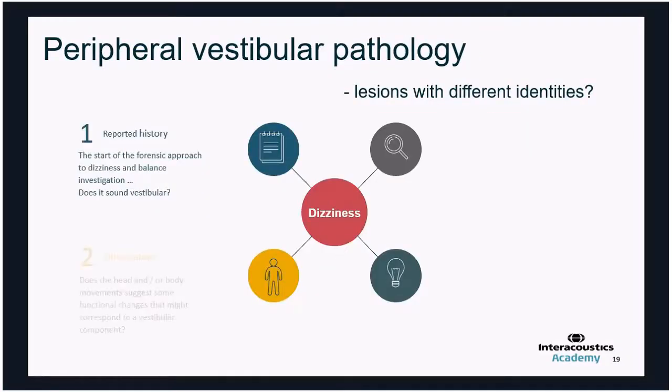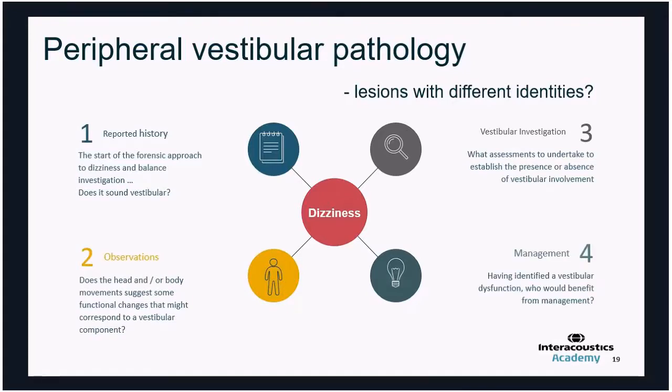So in terms of how we look at our patients, it's always worth having a think around how our patients report to us. Their primary complaint would be dizziness, and we'd spend some time on that reported history. One of the great things that I get some pleasure from in seeing vestibular patients is this art form, almost, of a forensic approach to investigating dizziness and balance.